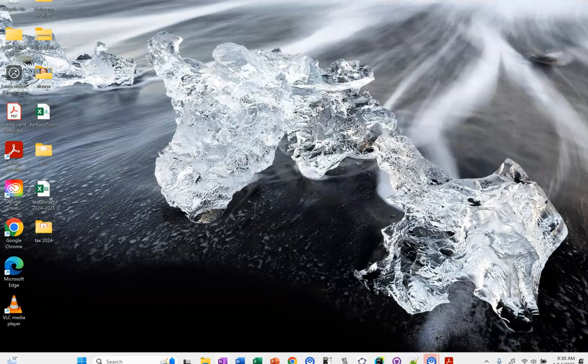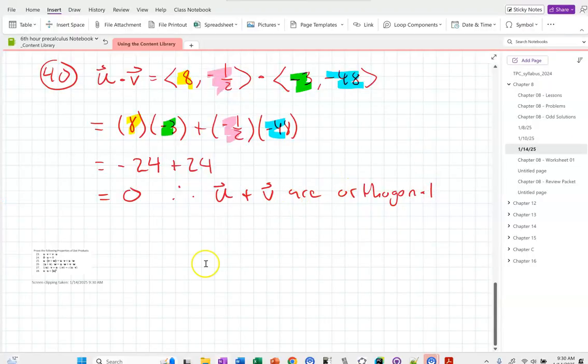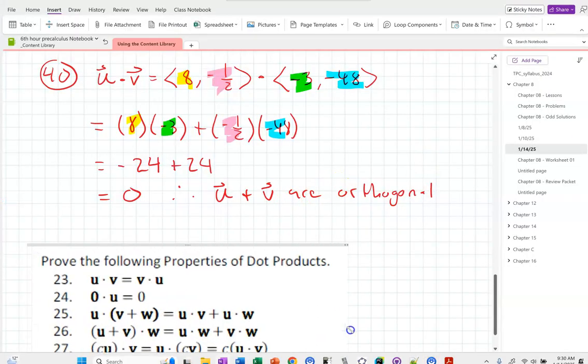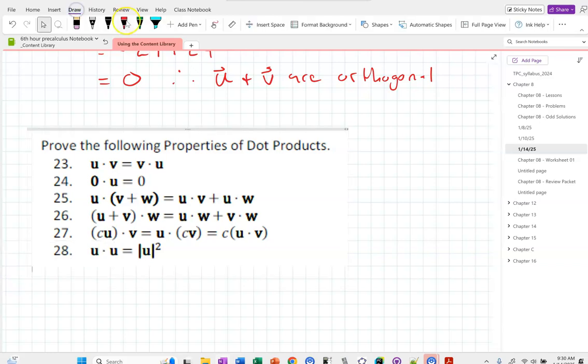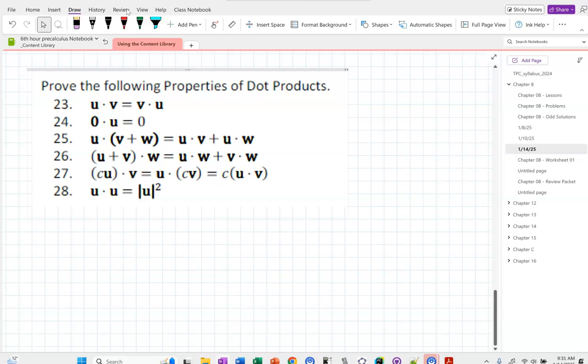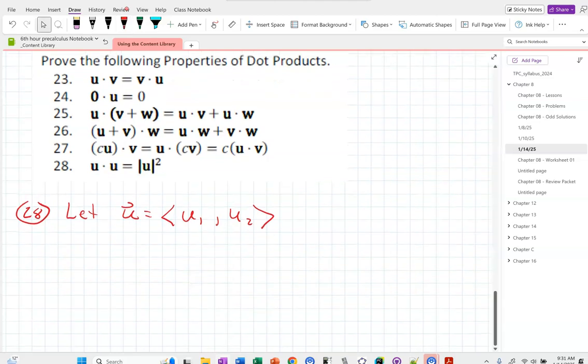28. This is asking us to prove the following dot product property. This will be the last one we do before we start the new stuff. We can do more questions next time if there are more. So I'm going to let the vector u be defined as the component form vector u1, u2.